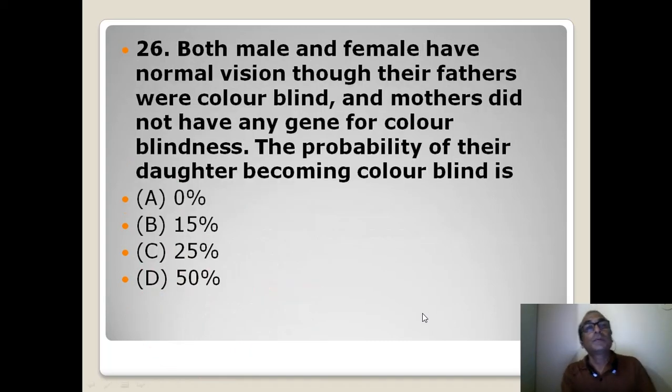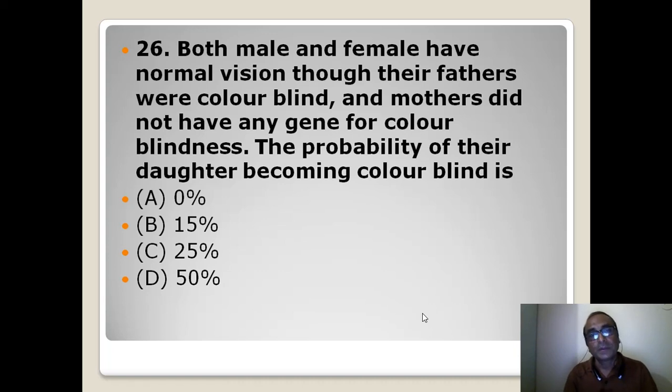Now, taking up the next question. Both male and female have normal vision, though their fathers were colorblind, and mothers did not have any gene for color blindness. That means their mothers were normal, but their fathers were colorblind.